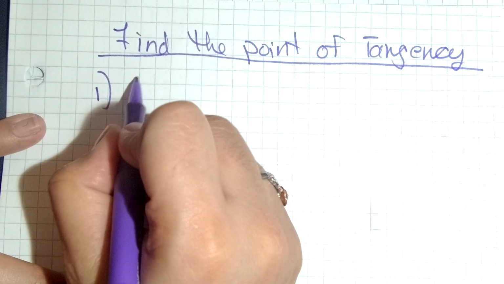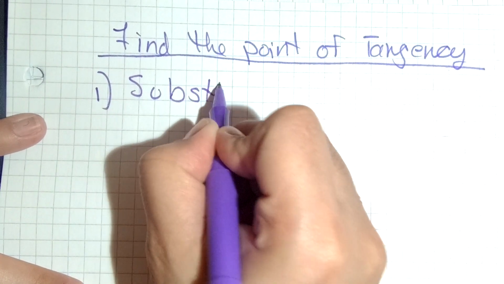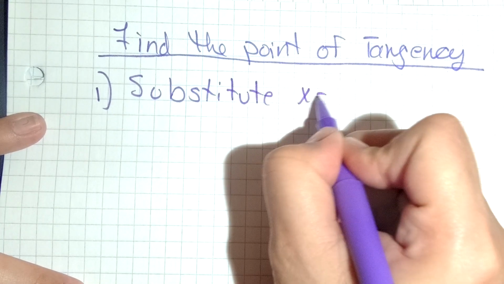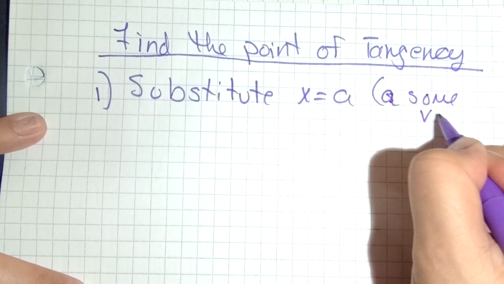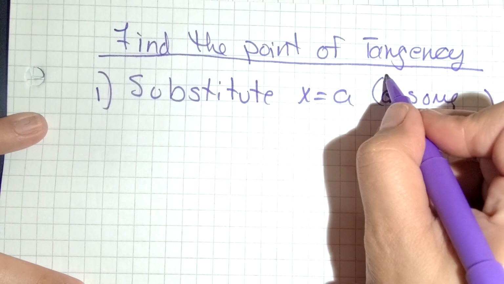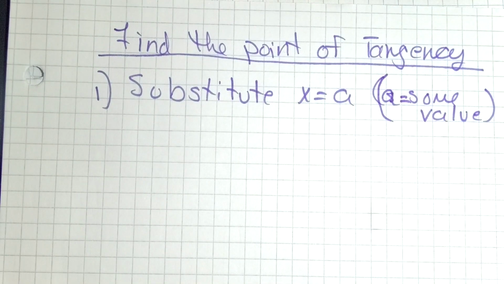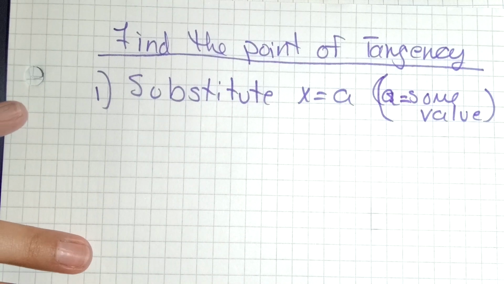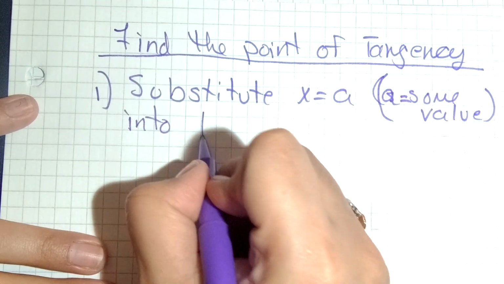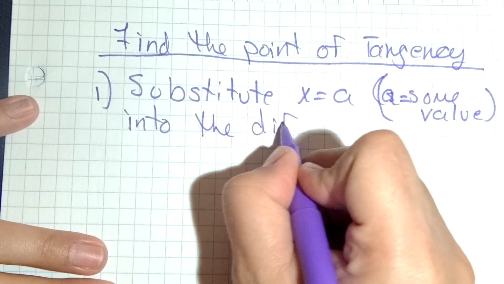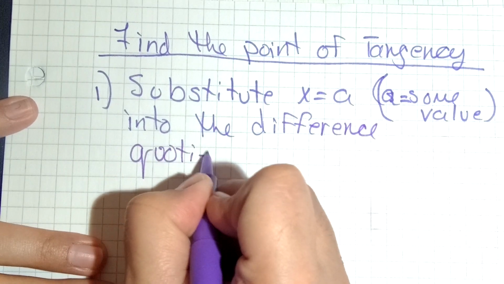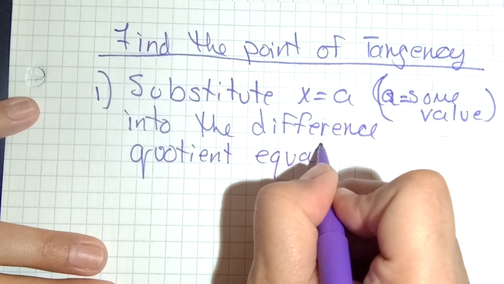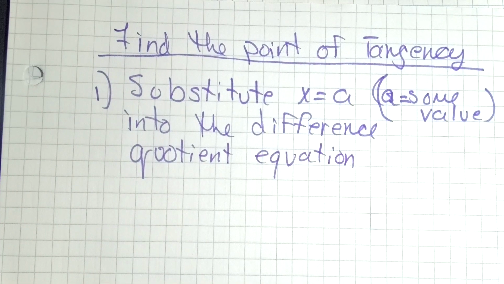So the first thing you're gonna do is substitute x equals a. A is gonna be some value, so a number, into the difference quotient equation. Remember, the difference quotient is when you're substituting in x plus h and taking the limit.